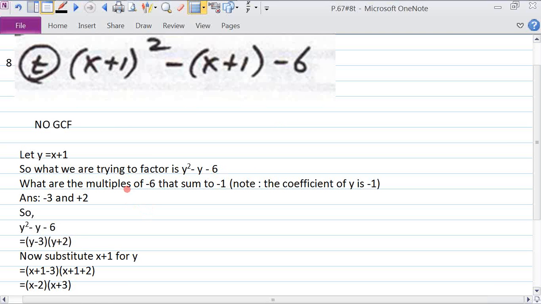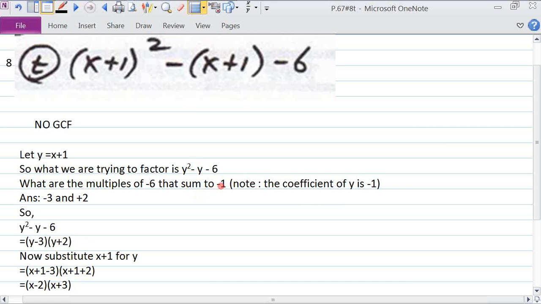So now I say, what are the multiples of minus 6, the last term here, that sum to minus 1, which is the middle term here. So note that the coefficient of y in this trinomial is minus 1. There's an implied 1 right here.